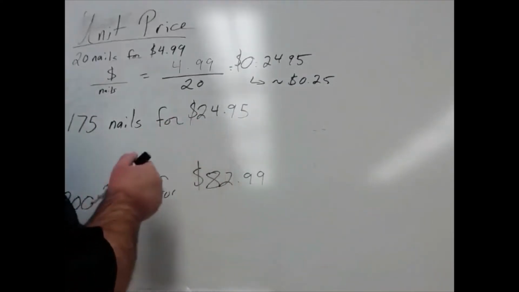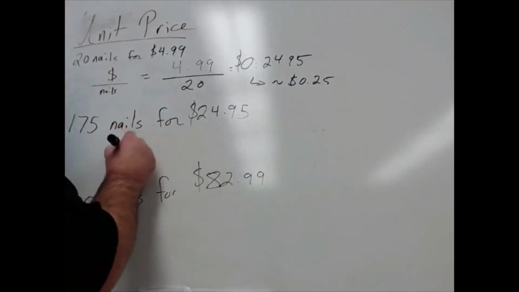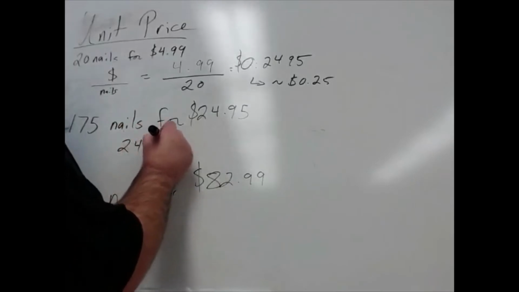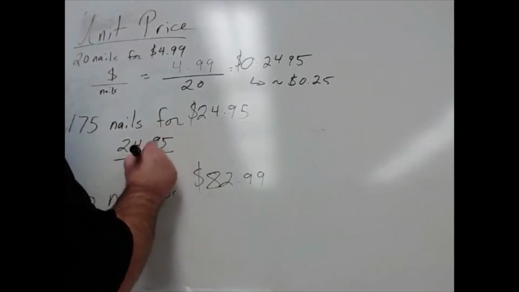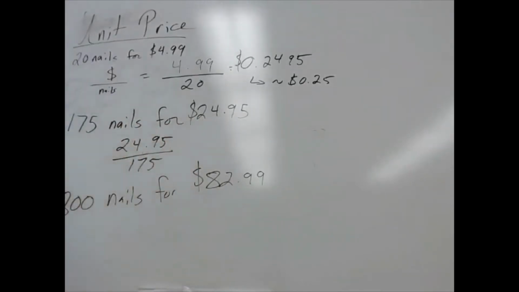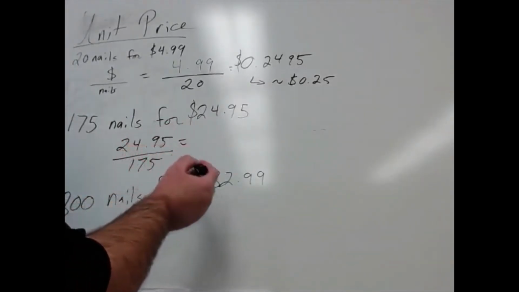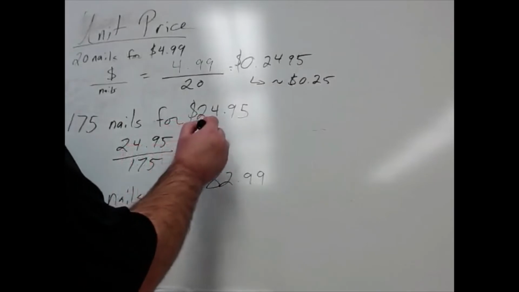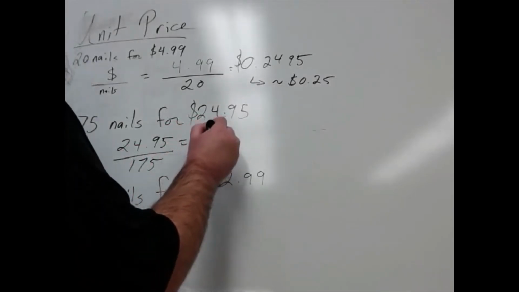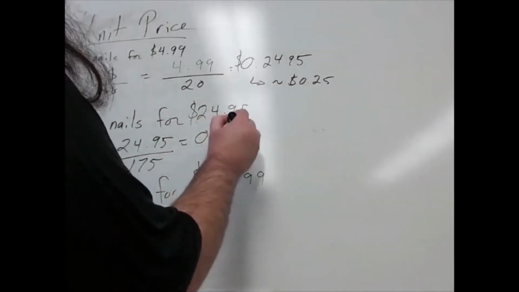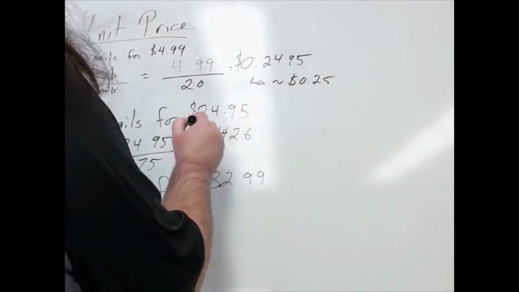For this one now, I'm going to take the amount that I pay, $24.95, and divide it by the number of nails, which is 175. Again, rounding to 4 decimal places, this gives me approximately 0.1426.